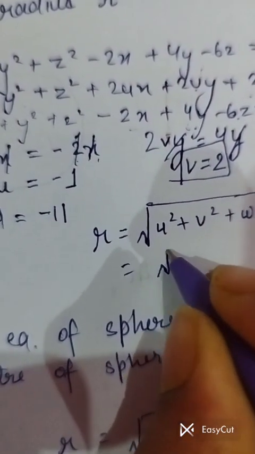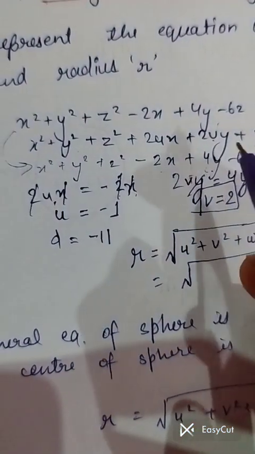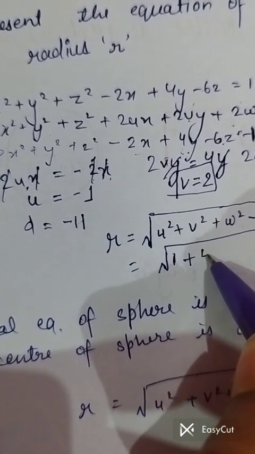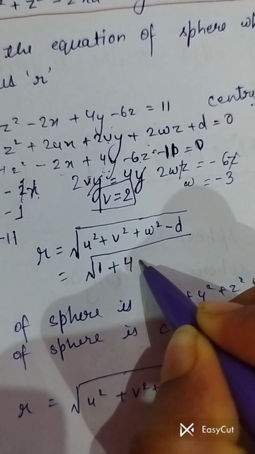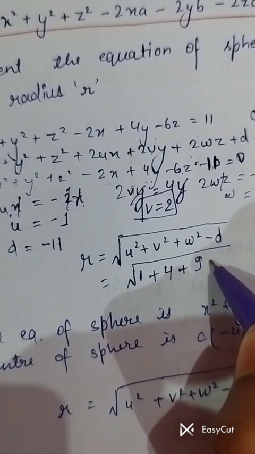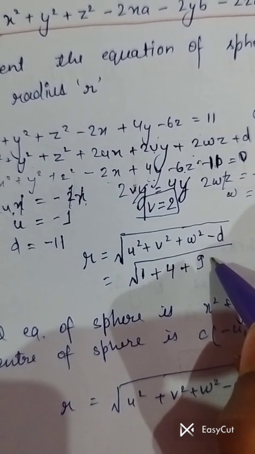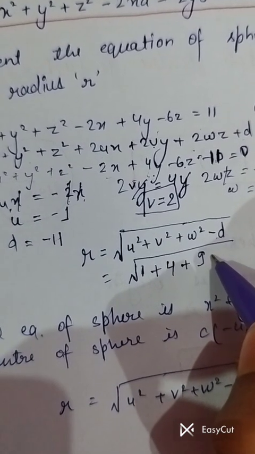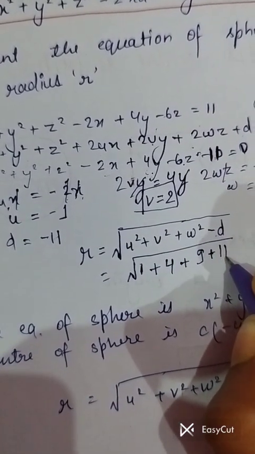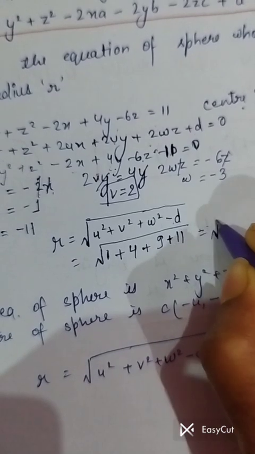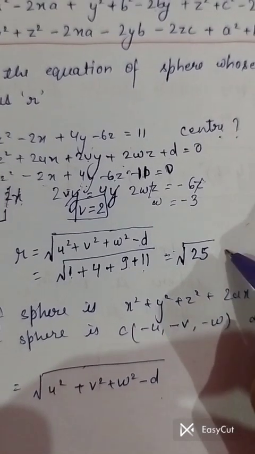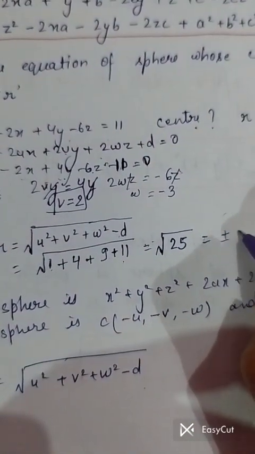Therefore r will be u square, that is minus 1 square, it will be 1, plus 2 square means 4, plus w square means minus 3 square, that is plus 9, minus d, that is minus, the value for d is minus 11, therefore minus minus comes up with positive, that is plus 11, that is 25, and the value will come up to plus minus 5.